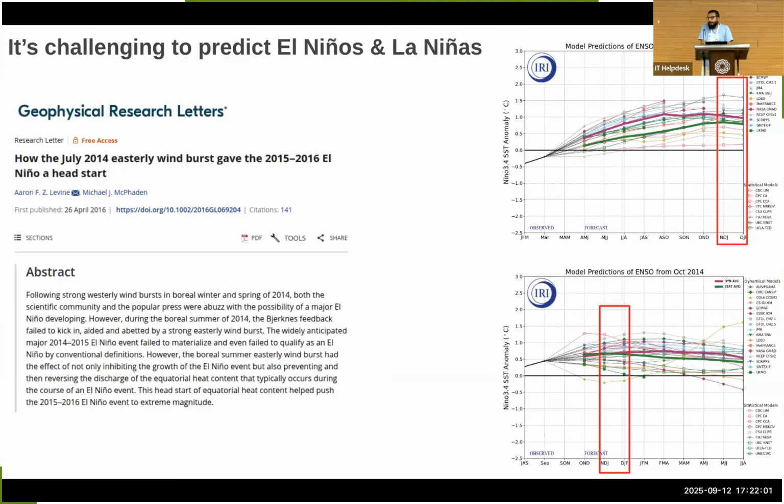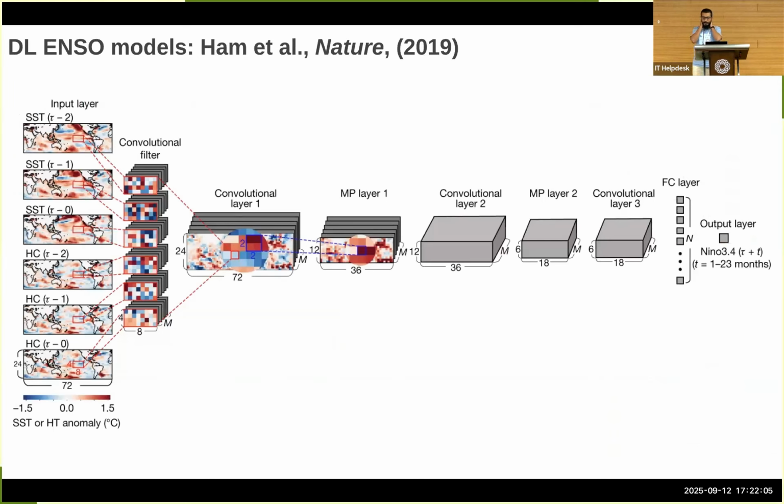Right. So you have physics-based models, you have statistical models, and then let's have deep learning models as well. This was, I think, the first high-profile paper which came up with an ENSO prediction setup. Here, they predicted what is called a Nino 3.4 index.